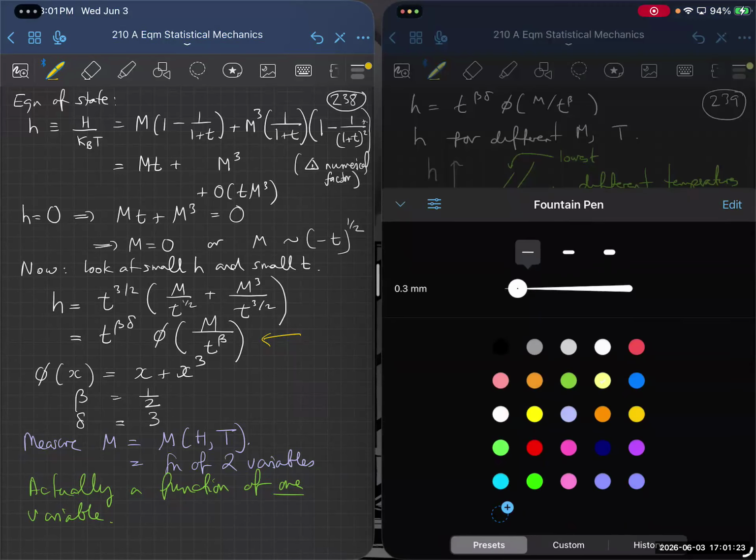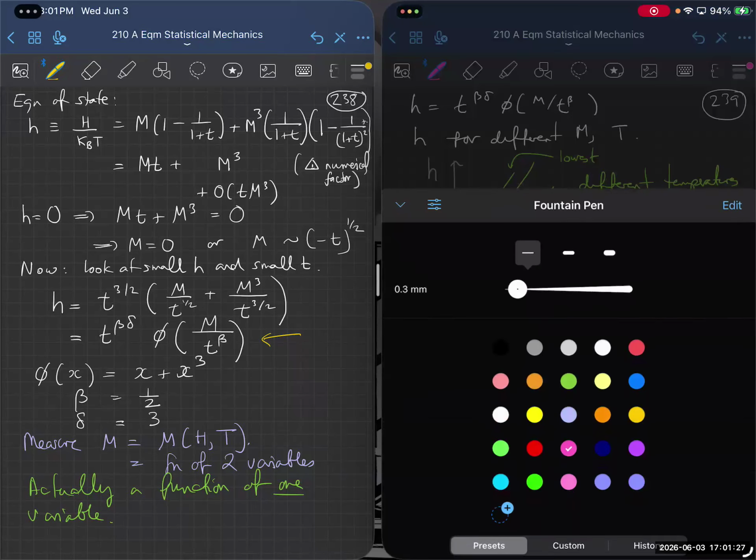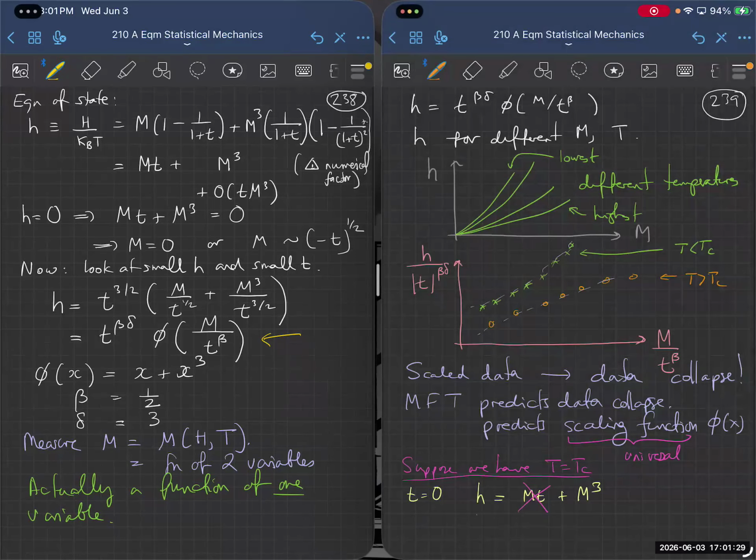And now we've set t equal to 0, so this term has gone away. And this then says that h is equal to m to the power delta, and this delta is equal to 3. And that is the delta that comes in over here into the universal scaling function. So that's the physical meaning of it.